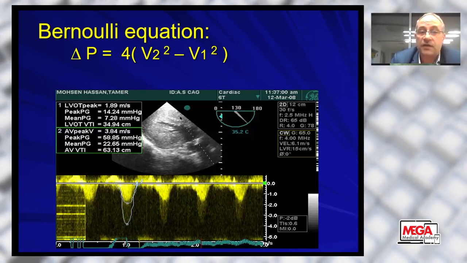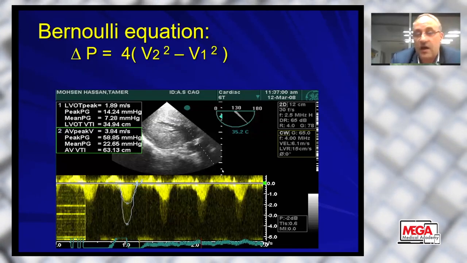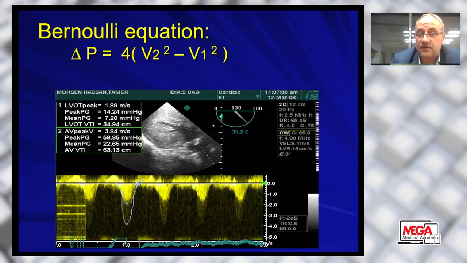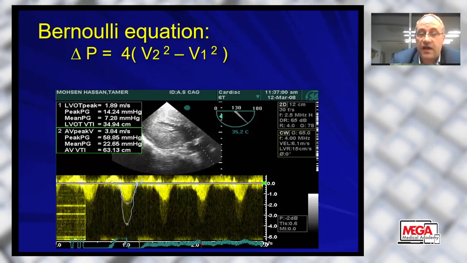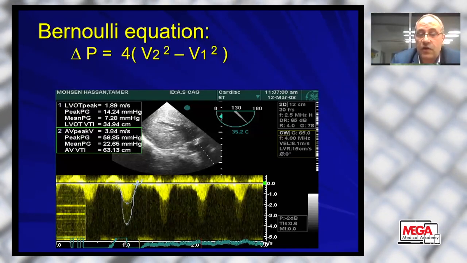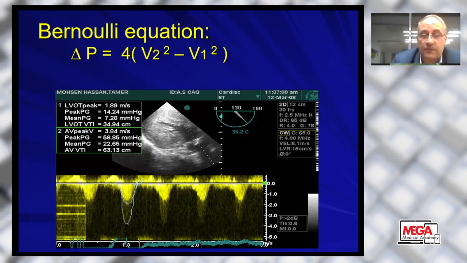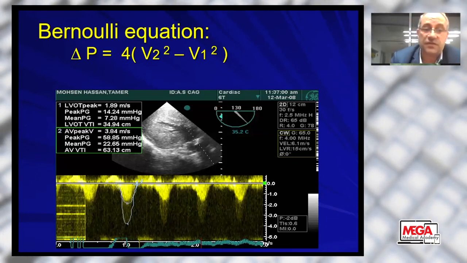So if I apply a continuous wave Doppler across the aortic valve in this view, I can have a Doppler scale of the flow across the LVOT and aortic valve. LVOT is the smaller one, and aortic valve is the bigger one.